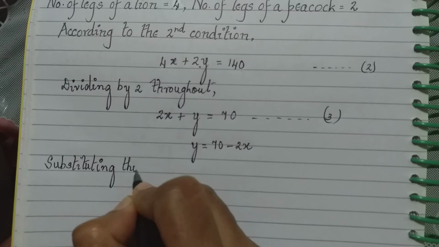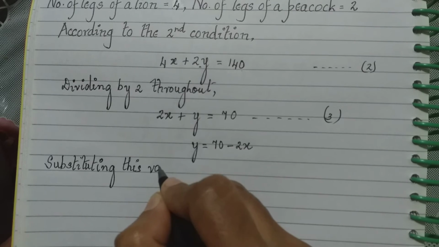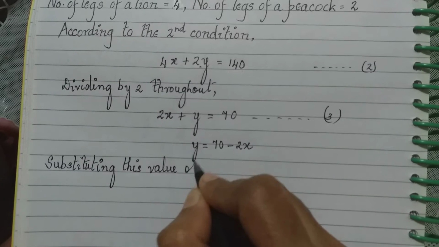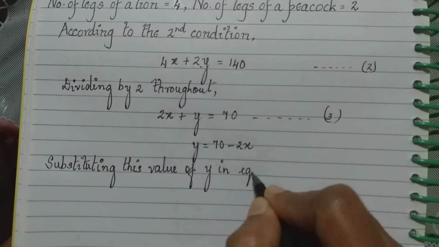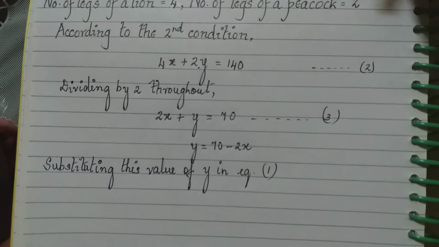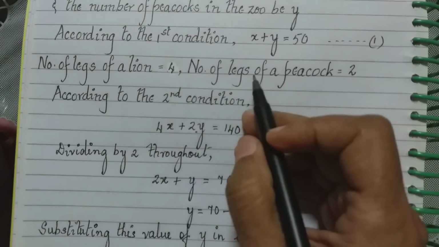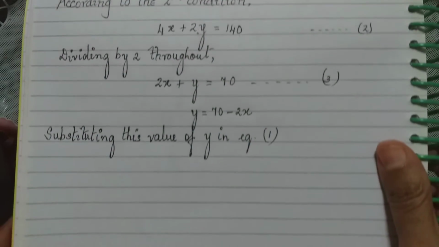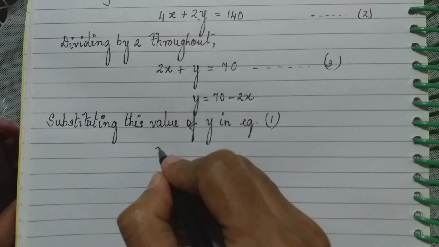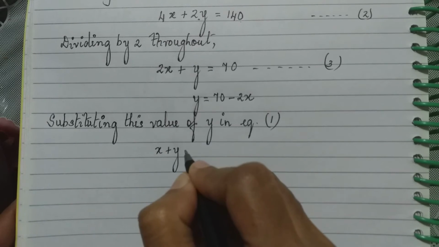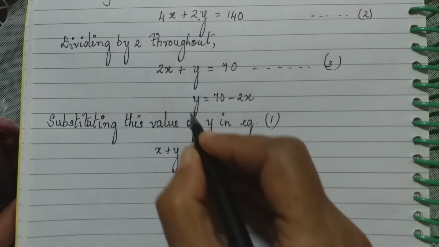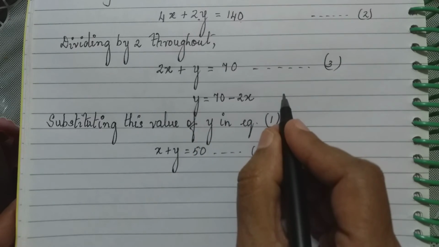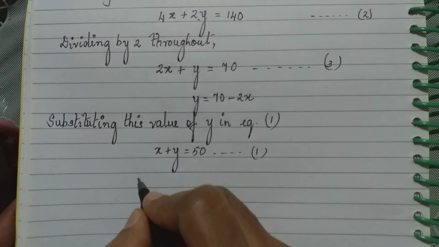What was equation 1? X plus Y equal to 50. So we first write equation 1, X plus Y equal to 50. Number it as 1. Now in place of Y I will write 70 minus 2X, and X will be as it is.